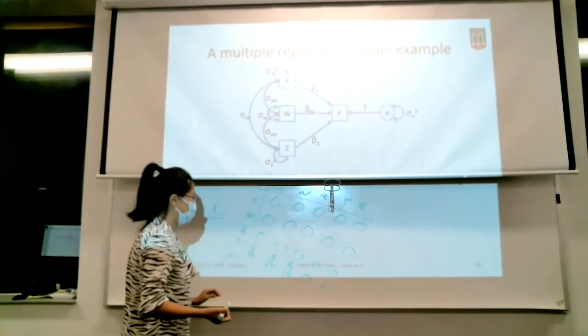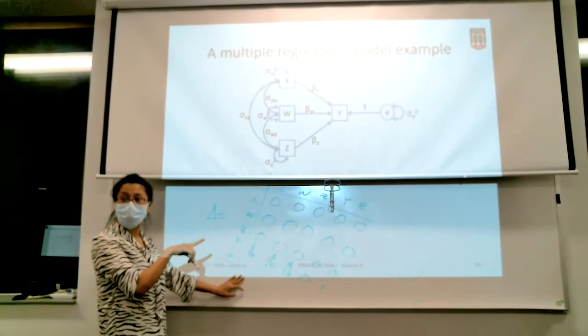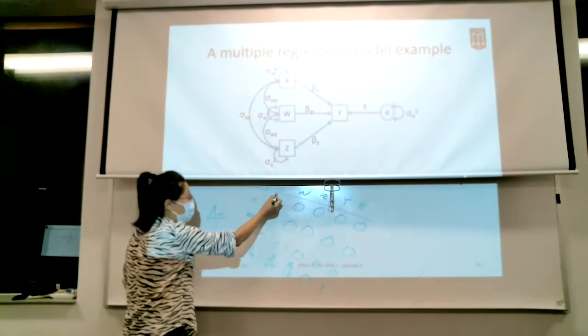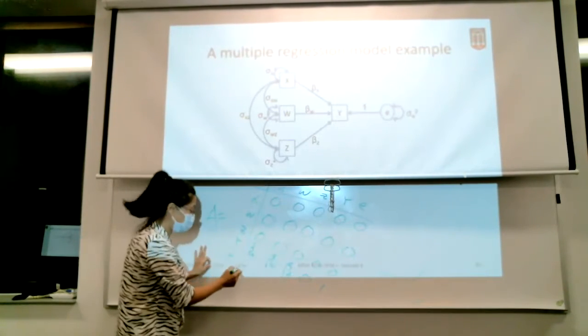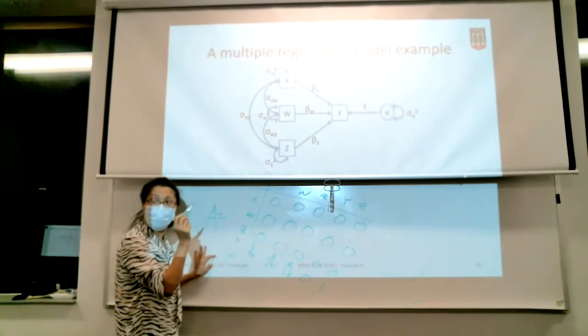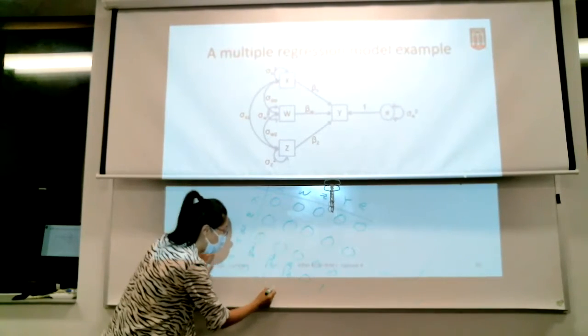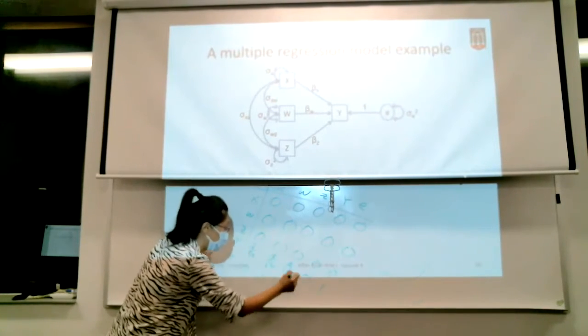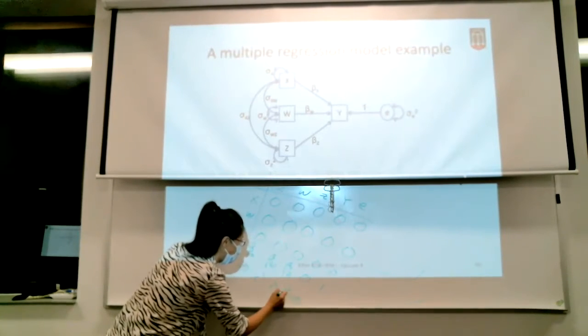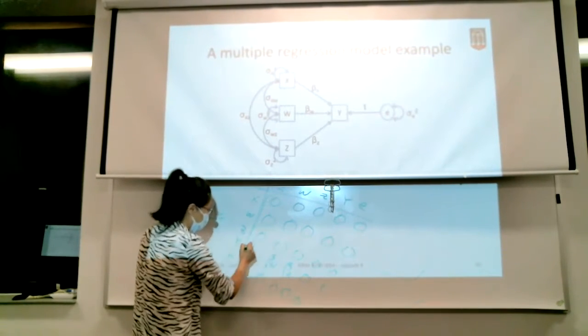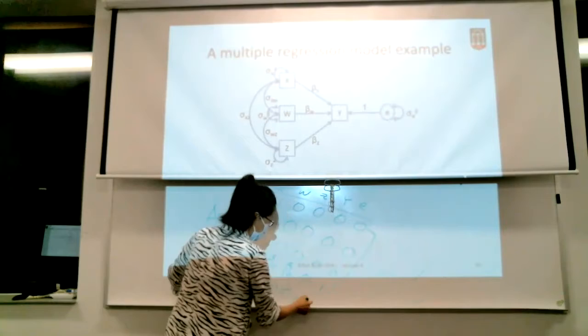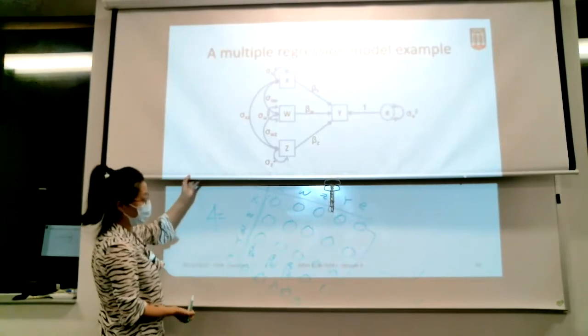Exactly, 1. From X to E, no. W to E, no. Z to E, no. Y to E, no. Okay, so all of these are no. This is our A matrix.